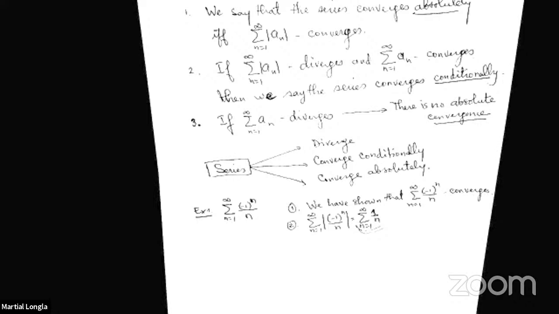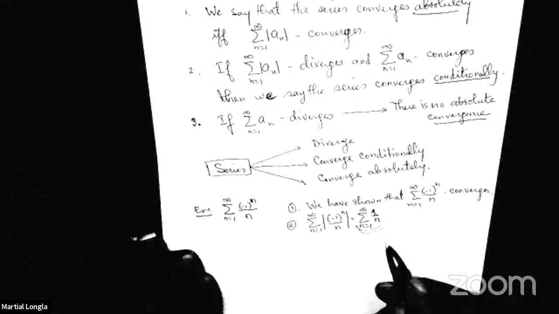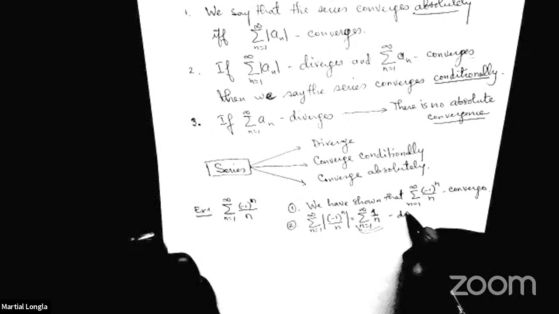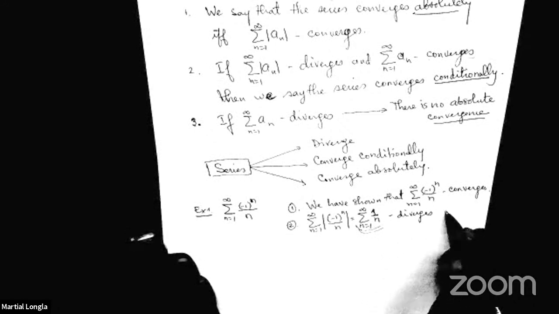Would that count as a p-series? It is a p-series. So does it converge or diverge? It diverges. Why? Because p is less than or equal to 1. So it diverges as a p-series, with p equal to 1.